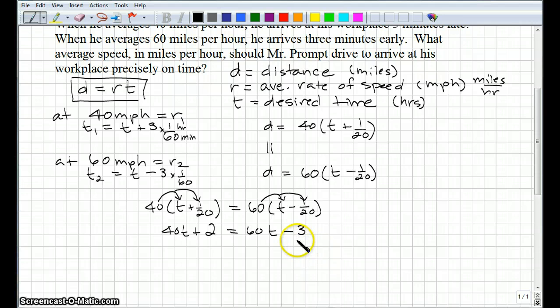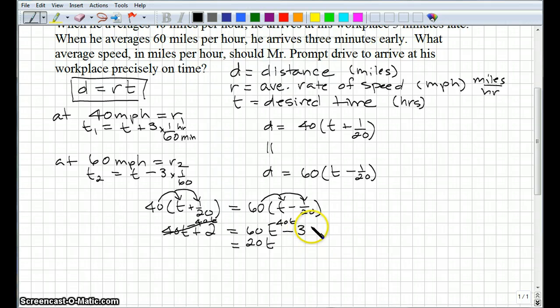Alright, so we got 40t, we got 60t. Let's get all our t's on one side. I'm going to subtract 40t from both sides, mainly because if I subtracted 60t, I'd end up with a negative 20 over here, and I like positive numbers. So that's going to give us a 20t, and then this will cancel out.